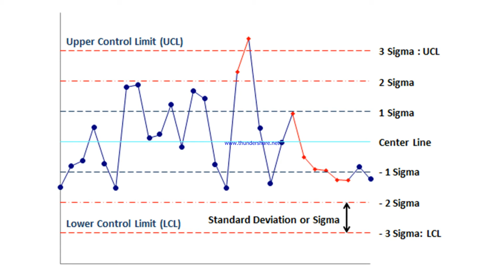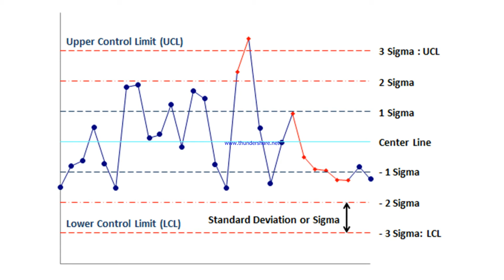Then again I have plotted another 2 lines at a distance of 2 standard deviations from the center line, and we have denoted that as 2 sigma. You have one above the center line and one below the center line. These 2 sigma lines we call the warning limits.